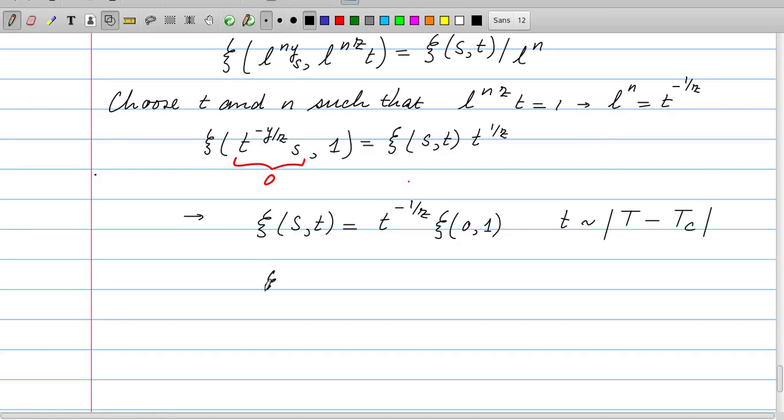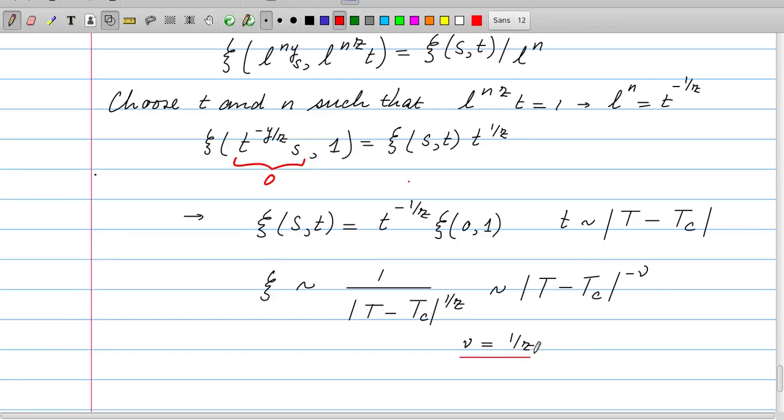And so what we find is that the xi therefore scales as 1 over T minus Tc to the power 1 over z, and by definition the xi scales as T minus Tc to the power minus nu. That was the critical exponent which was defined beforehand in order to describe the divergence of the correlation length. And so what we find therefore is that nu is 1 over z.